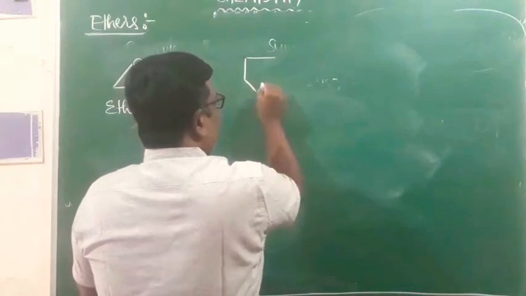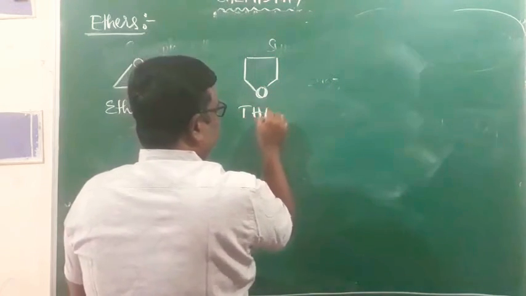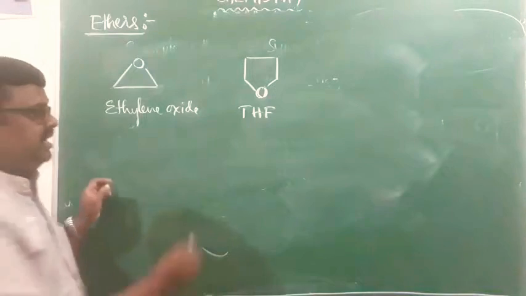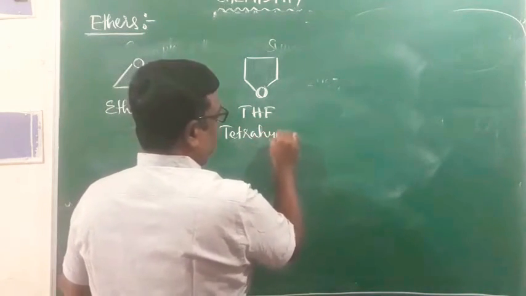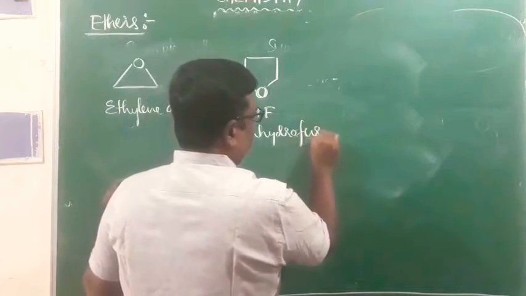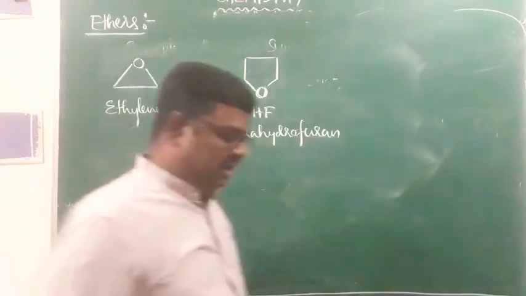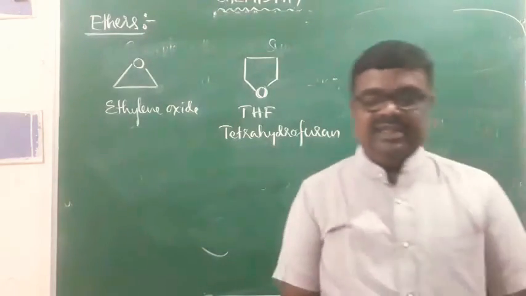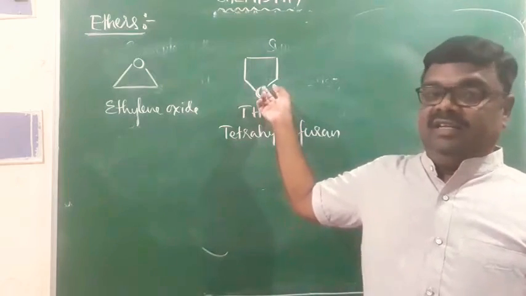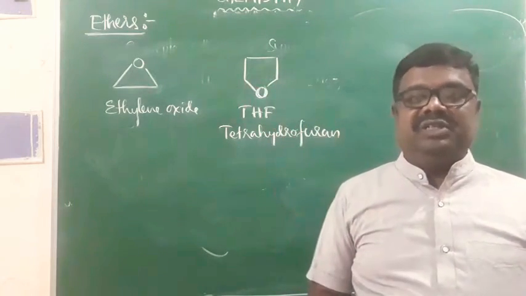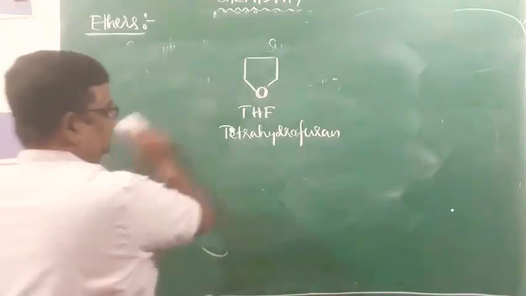One more cyclic ether is popularly known as THF, that is tetrahydrofuran. This is an example of cyclic ethers, where the ethereal oxygen is involved in the formation of a cyclic ring. So this is the classification of ethers.